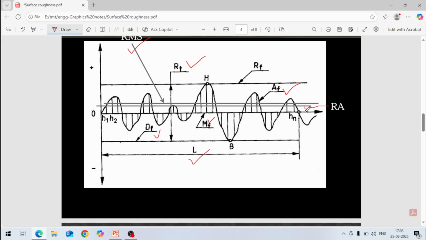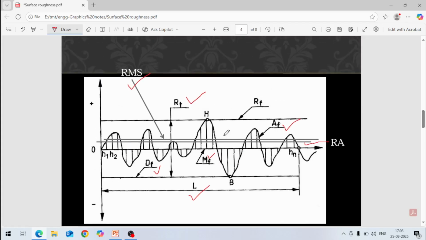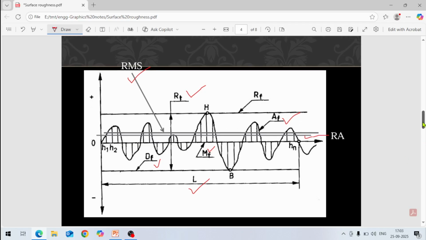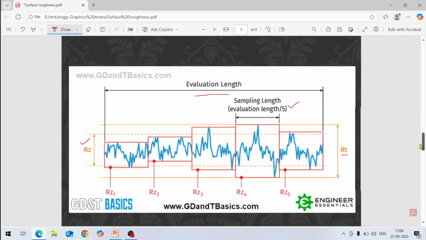RMS value is approximately 10% higher than the RA value. And then RT is approximately 8 to 10 times the RA value. We will discuss this in the comparison chart also. RZ is approximately 6 to 7 times. So this way we calculate these roughness values.